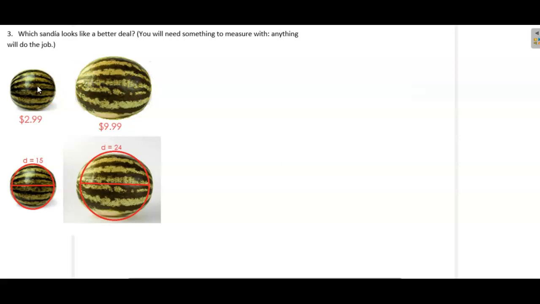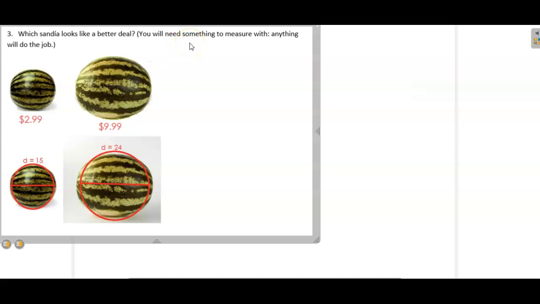In order to do that, we need to know the volume of those two items, and they aren't perfect spheres. Clearly the little one looks a little more spherical than the big one, but to compare these we want to look at their volumes.